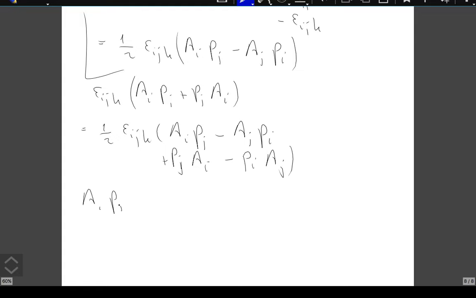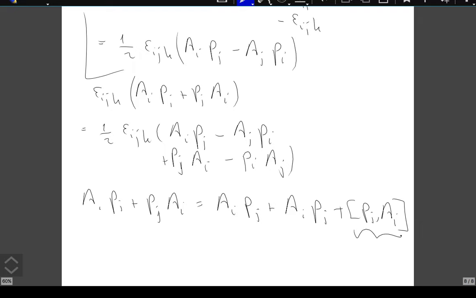Now I have this A_i p_j plus p_j A_i, which is equal to A_i p_j plus A_i p_j, minus or plus the commutator. Now, p_j A_i, we had already seen before, is nothing but h bar over i, the derivative of A_i with respect to x_j. That's basically the term I would be interested in.